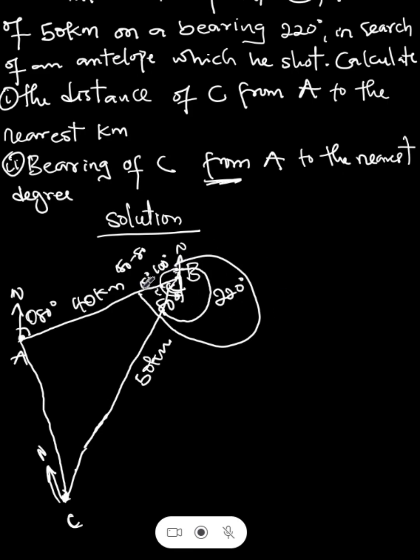From this point to this point will be 260 degrees, because the complete turn is 360. So if from this point to this point is 260 degrees, and from this point to this point is 220 degrees, we can find this angle in the triangle.